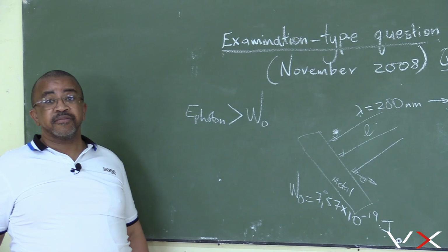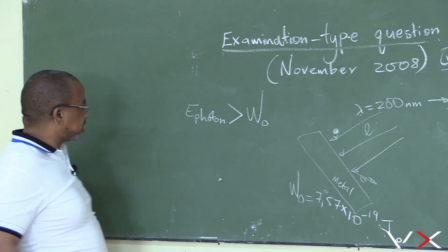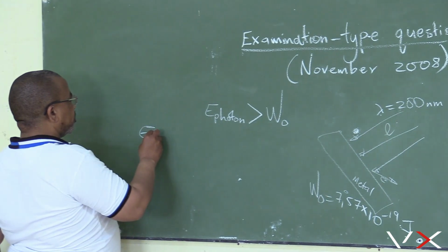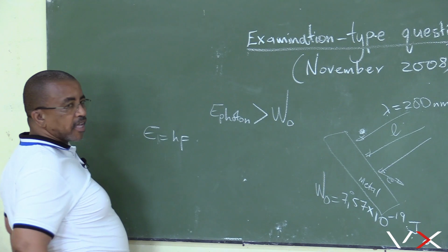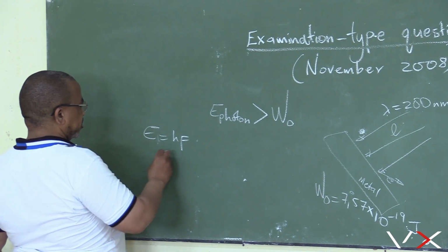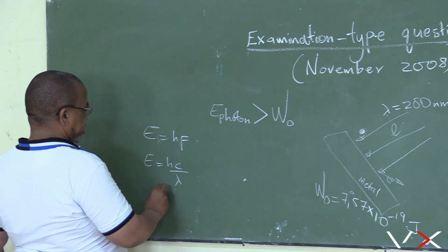Energy of a photon is E equals hf. We are not given f, but we are given lambda, so energy of a photon is hc over lambda.